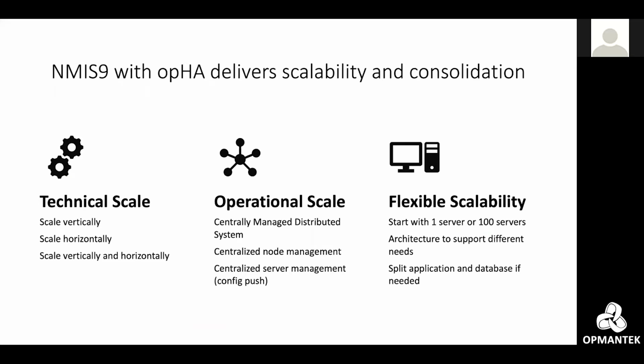What everybody wants to do is operate their network and get the visibility that we can deliver, and they want to do that on the smallest number of servers that they can practically support. There's some flexibility there we'll talk about in a second. That's partly scalability and partly consolidation.